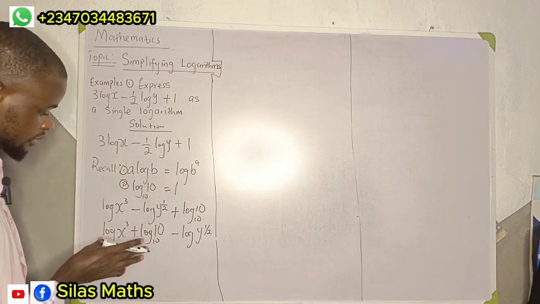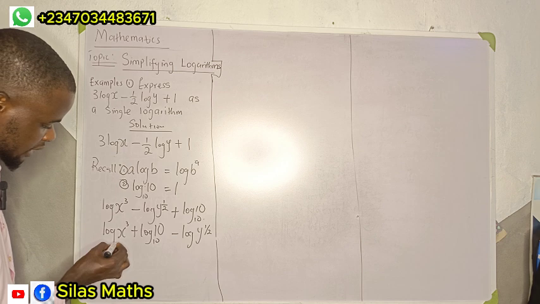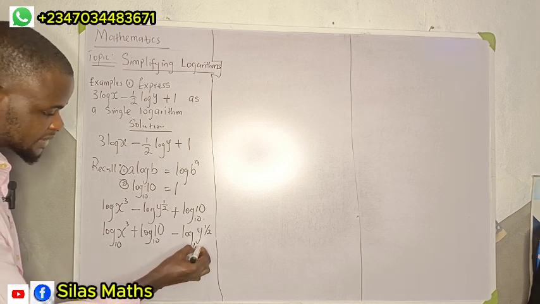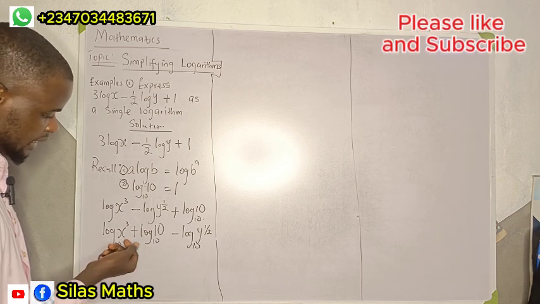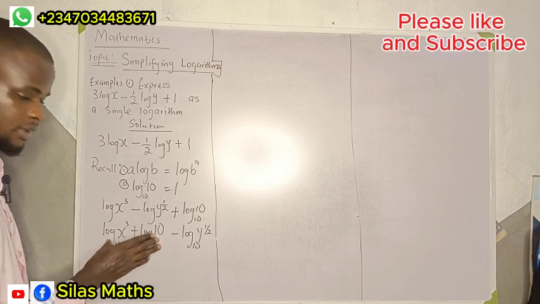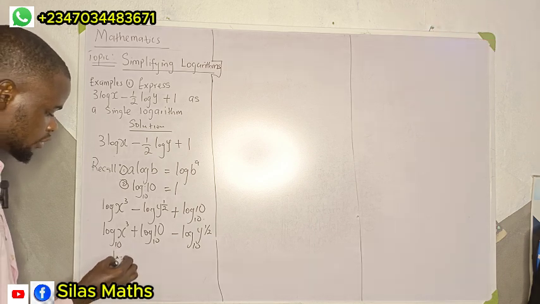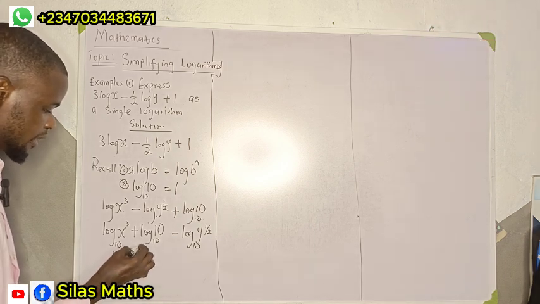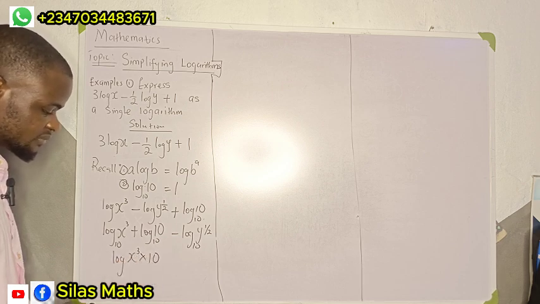Recall that the law of addition states that, like I told you before, all of these are base 10. Since they are of the same base and they are adding, we can actually multiply the logs. So this becomes log of x raised to the power of 3 times 10. Right?